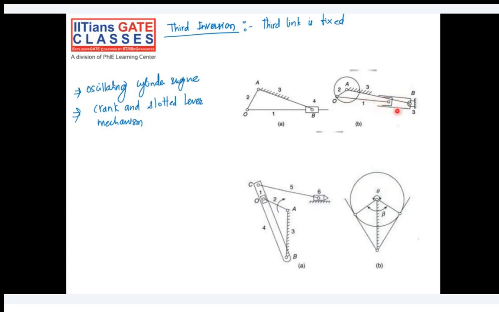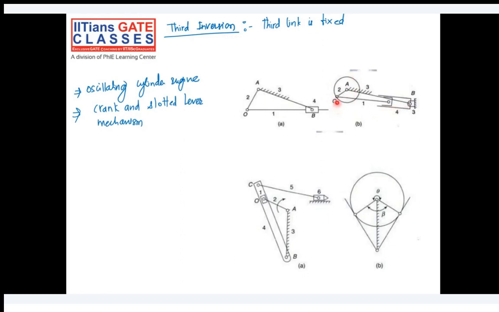So you should know these two applications for the third inversion. In exam, you should not mix up these applications. You have to be very clear which application belongs to which inversion.